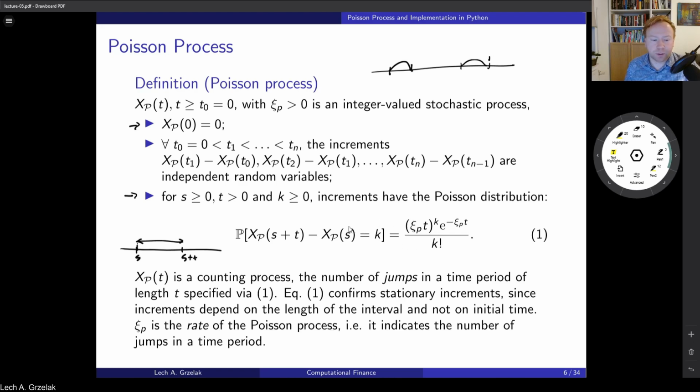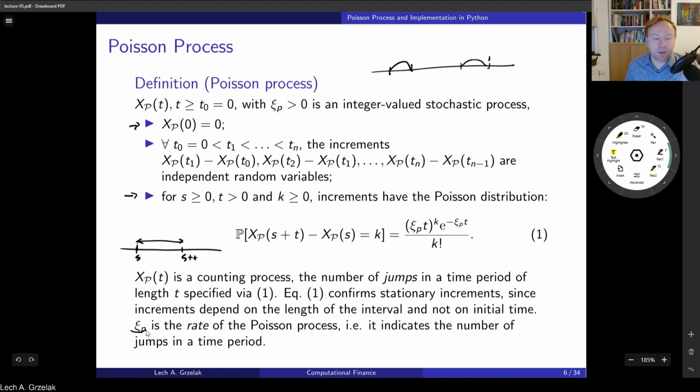As already mentioned before, Xp is a counting process: the number of jumps in a time period of length t. You can see that the length from s to s plus t is exactly t. From equation 1, we can also conclude that it confirms the stationary increments, since increments depend on the length of the interval and not on the initial value.